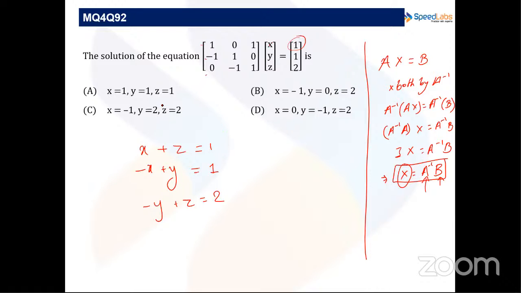So if you look at the options, if you put x 1 and y 1, so not possible. x minus 1, y 0, this might be possible, but z is equals to 2. So for B, these equations are satisfied. Now checking for this one, this is also satisfied. So B is the correct option.